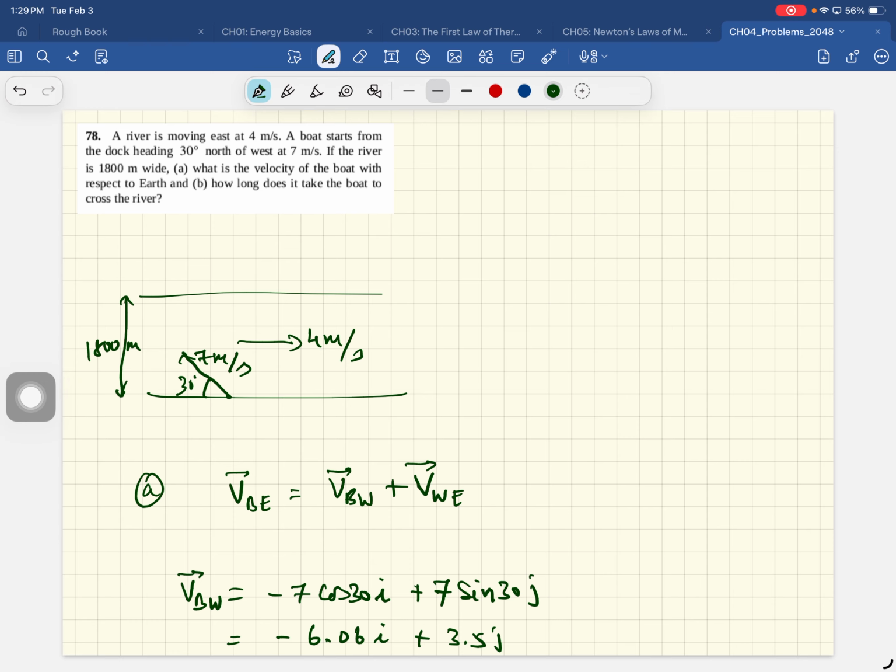So you're traveling 1800 meters, and the y component of the velocity is 3.5 meters per second. It takes you 514 seconds, or roughly 9 minutes, to cross the river.